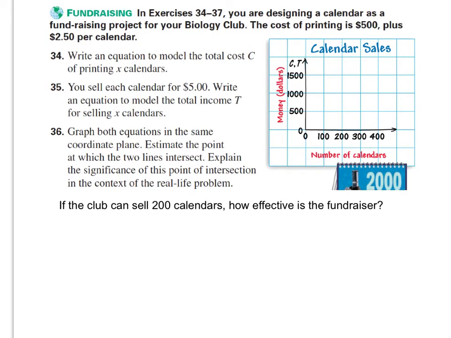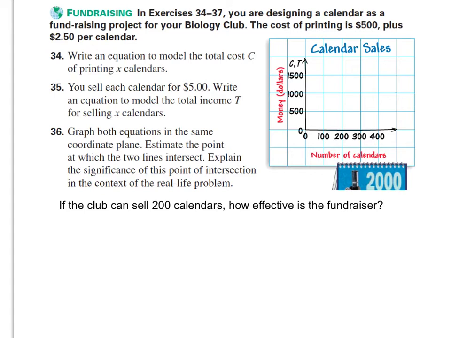So here's another one. You're designing a calendar as a fundraising project for your bio club. The cost of printing is $500 plus $2.50 per calendar. Write an equation to model the total cost of printing X calendars.